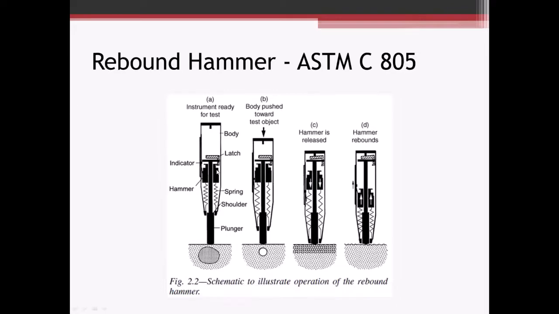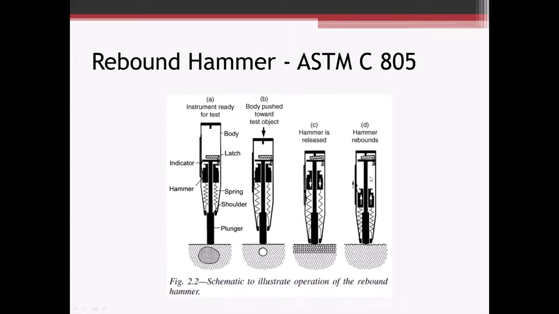It's got a hammer of a known mass or weight. As you push down on the rebound hammer, it stretches out the spring, it activates the spring. You get to a certain point, and the hammer mass is released. It bounces off of the shoulders of the plunger, and it rebounds back up.